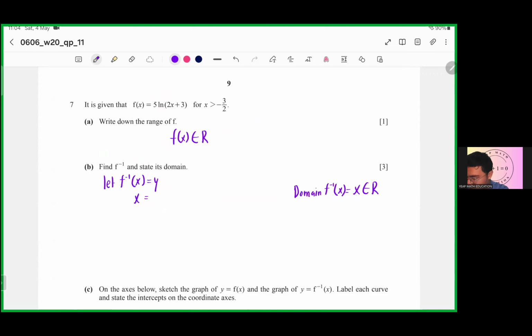So x equals f(y) equals 5 ln(2y plus 3). So 5 ln(2y plus 3) equals x. We can get ln(2y plus 3) equals 1 over 5 x.